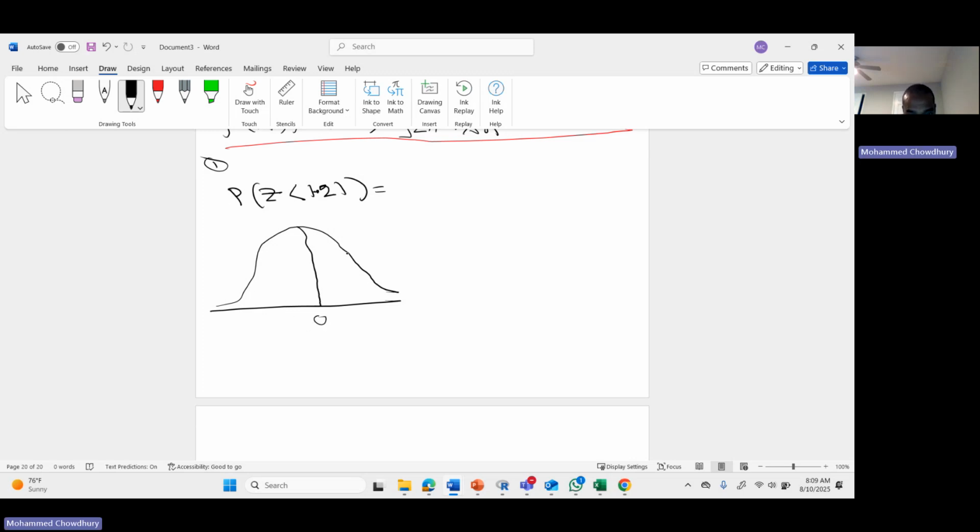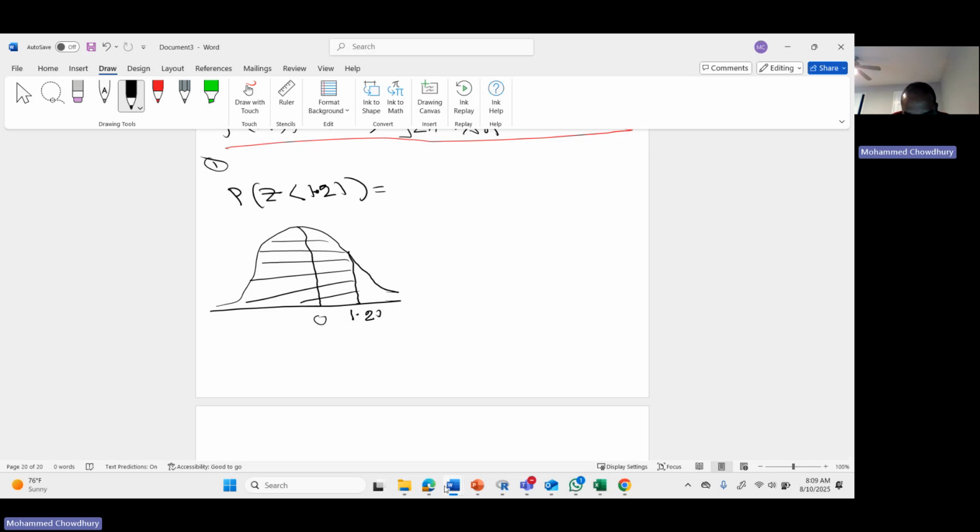I want to compute it in here. Suppose this is 1.21. I want to find this area, this proportion or percentage of frequency that falls in here. Z less than 1.21. How can I find that? There is a normal distribution table.